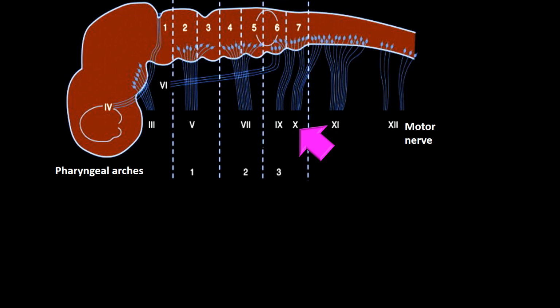Motor fibers for striated muscle traveling with the vagus nerve arise from rhombomeres 7 and 8. Rhombomere 8 is not represented in this drawing. Fibers from rhombomeres 7 and 8 go to innervate muscles from the fourth branchial arch. Cranial nerve 11 is represented here.